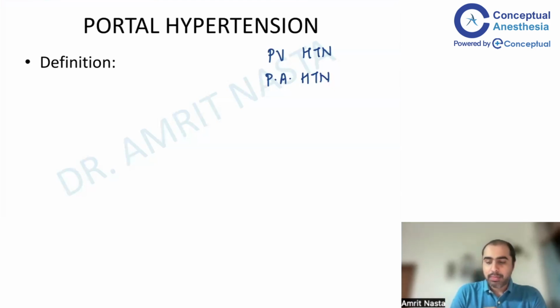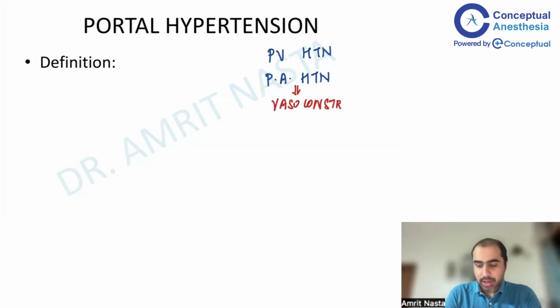Whenever I say hypertension in an artery, arteries are vessels which have a lot of resistance. So when the blood flow increases in an artery, what does the artery do? It constricts. Its wall becomes thicker. So whenever I say arterial hypertension, it is characterized by vasoconstriction. Right? This is the basic logic.